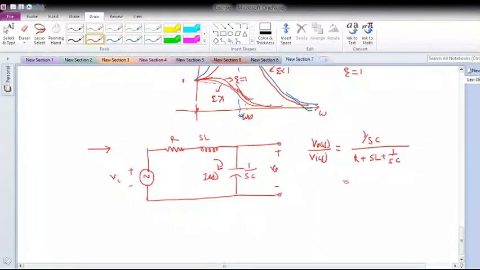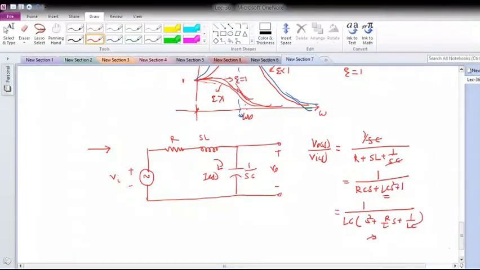And then if I write, this SC and S will get cancelled, and what I'll get will be 1 over RCS plus LCS square plus 1, and let me make the leading coefficient of S square equal to 1, which is 1 over LC divided by S square plus R upon L S plus 1 over LC.